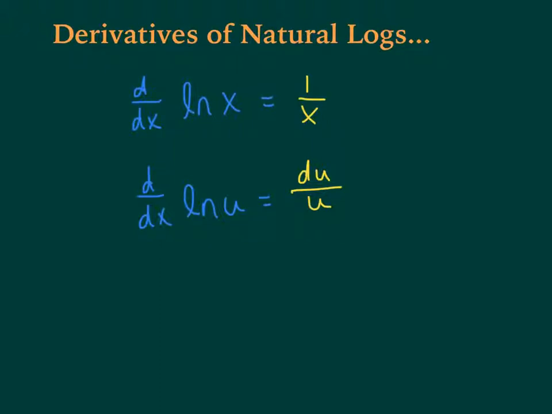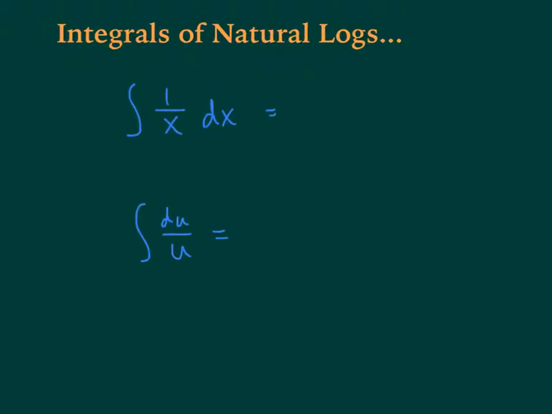The idea here to recognize is that when you took the derivative of natural log, you ended up with a fraction, and the denominator was, in this case, just the x. In this case, whatever you're taking the natural log of. And so that was crucially important, and it's going to become important as we learn how to do the integrals going the other way. So let's take a look at that.